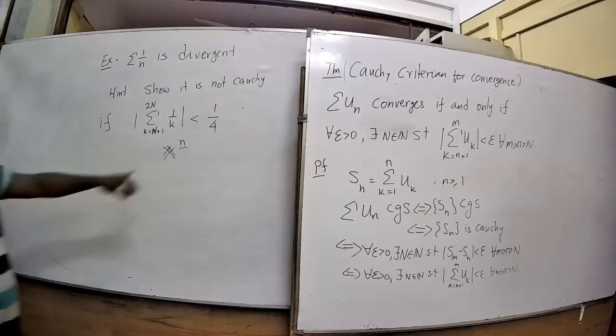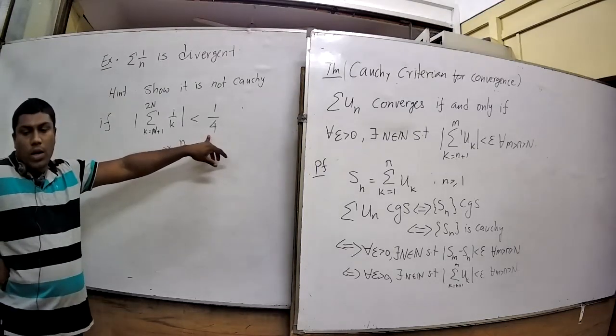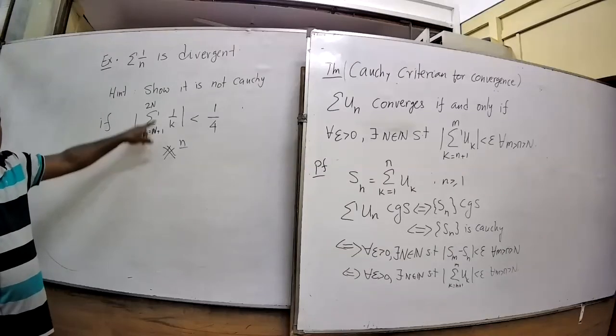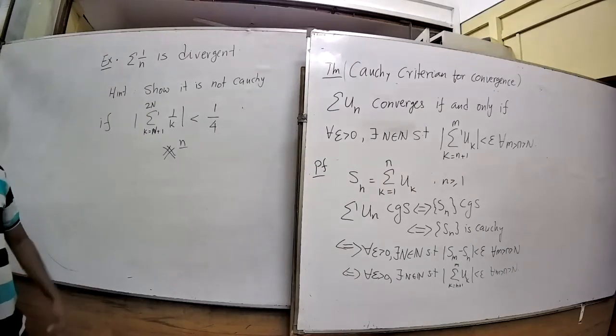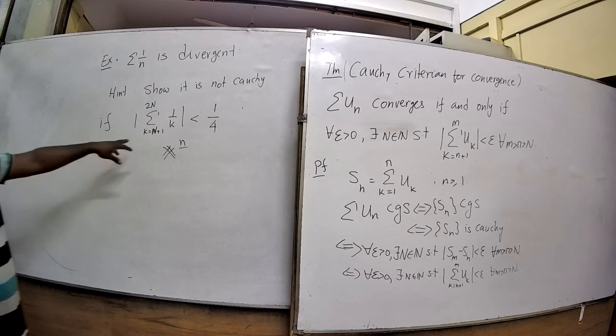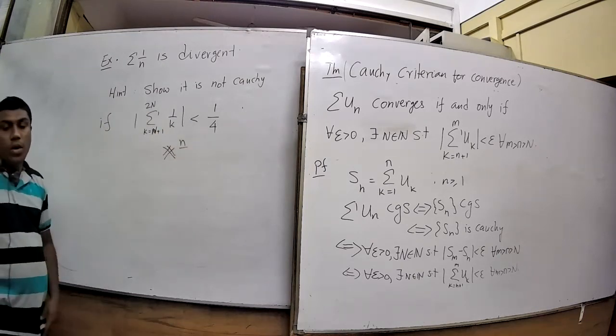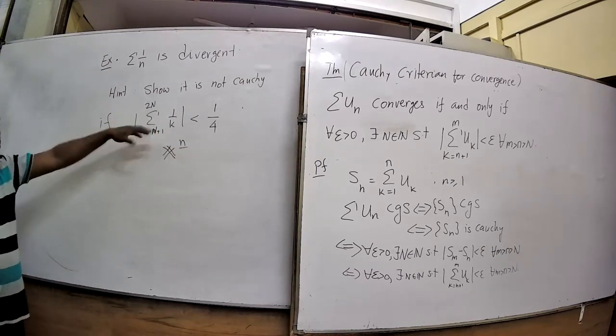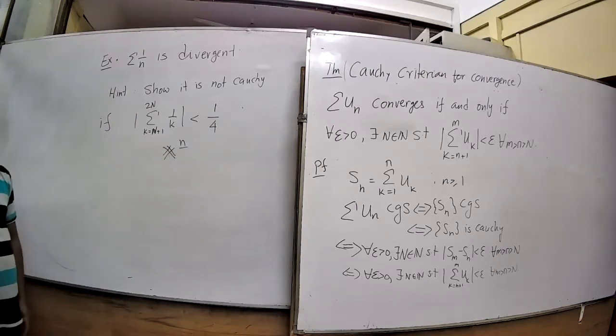So here you choose epsilon as 1/4, and from capital N plus 1 all the way up to 2N, so you choose m as 2 capital N. Then this summation is less than 1/4 if it is Cauchy. So you can simplify this and get a contradiction, so that it is not Cauchy.